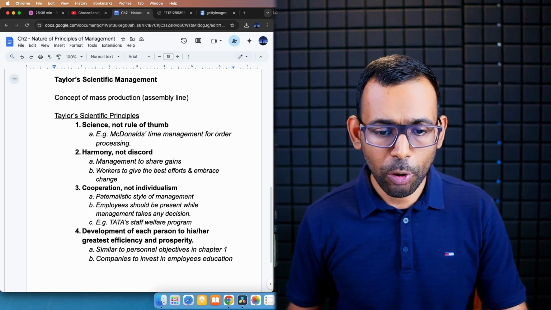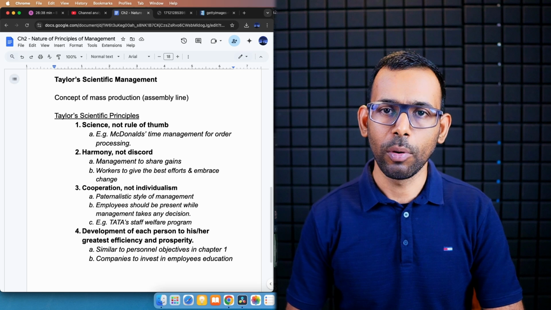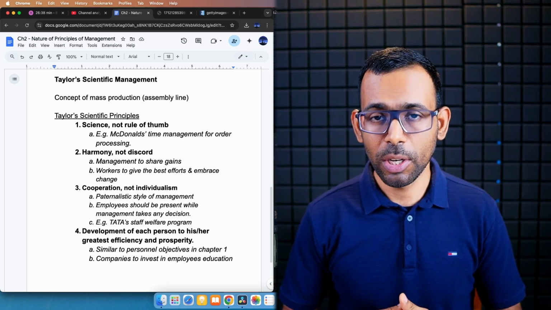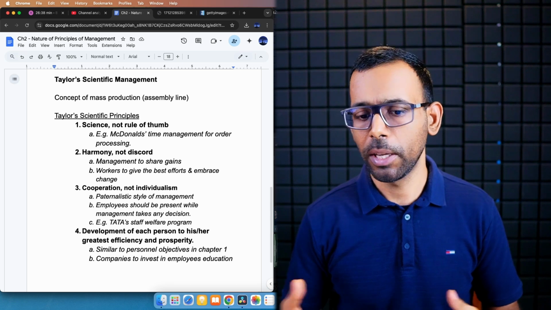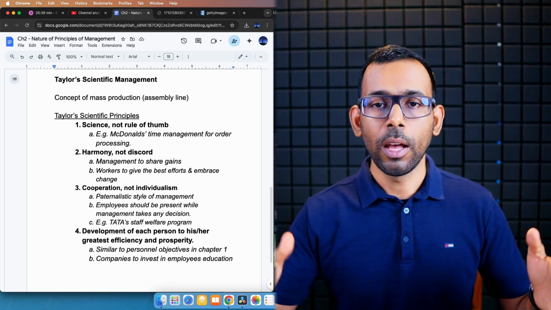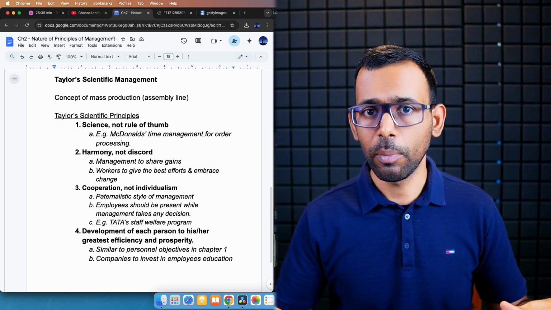And the example that I want to give in India's context is Tata's staff welfare program. I had the opportunity to go to Jamshedpur about 15 years ago during my articleship for an audit. There I saw how Tata Nagar exactly looks, which is like quarters of all the Tata employees.